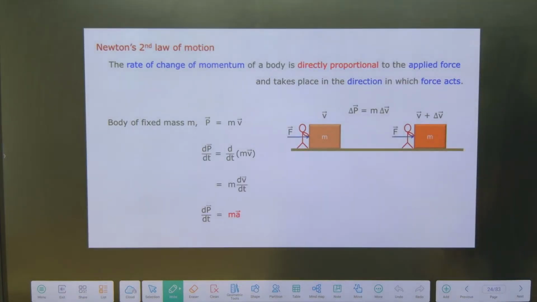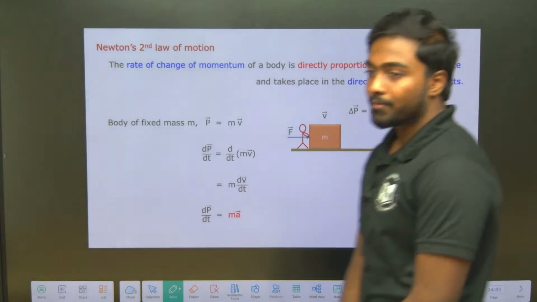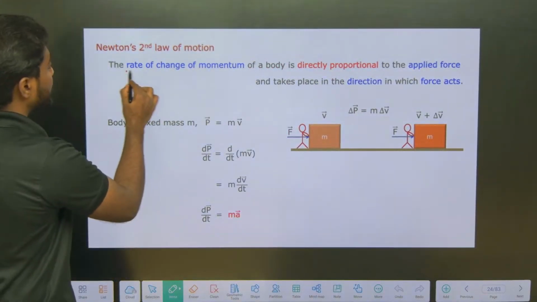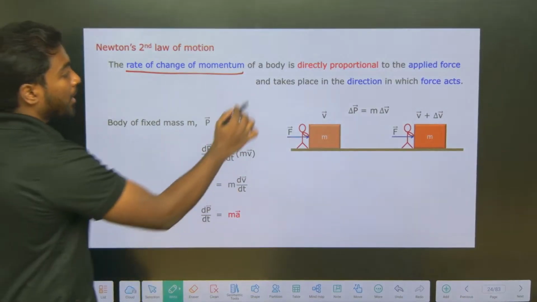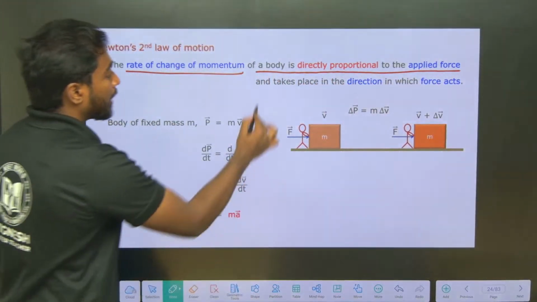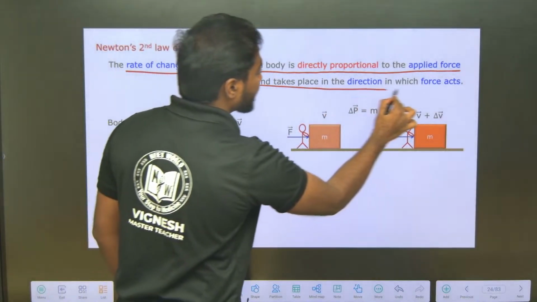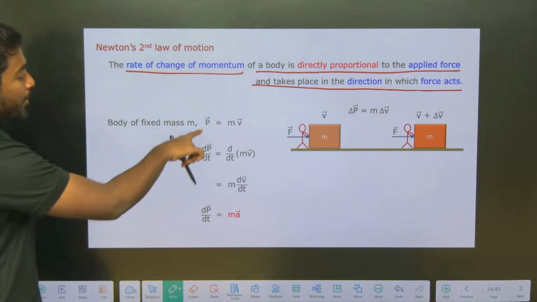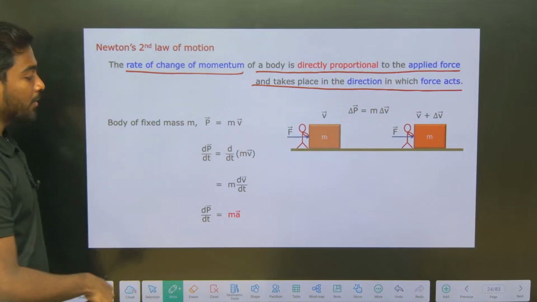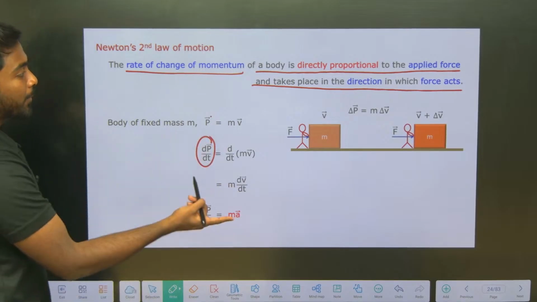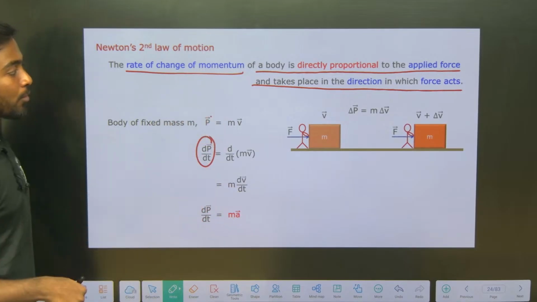Newton's second law of motion. So first law we have completed. Now the second law. The rate of change of momentum of a body is directly proportional to the applied force and takes place in the direction in which the force is acting. Momentum is equal to mass times velocity.